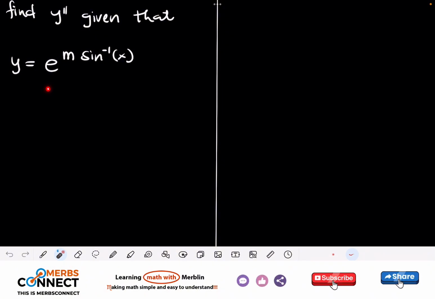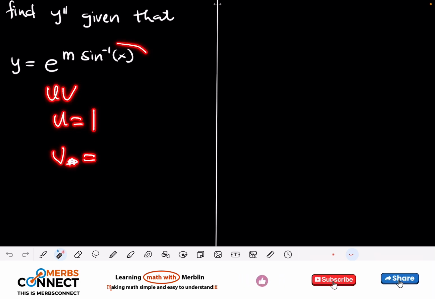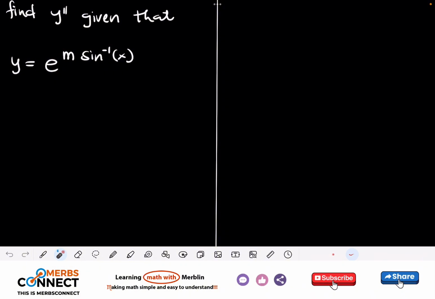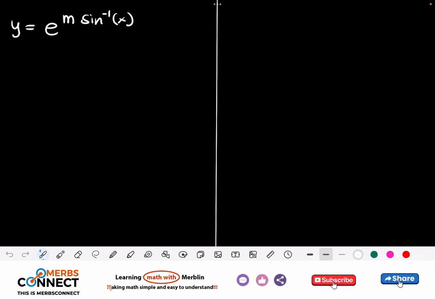So here, if we are using the idea of u and v, then I will choose u to be equal to 1 and v to be equal to the whole function here. But I'll show you the short way of working on this. So here I'll start by introducing ln so that I can take care of this guy here.